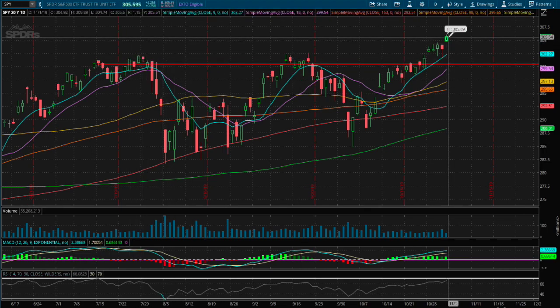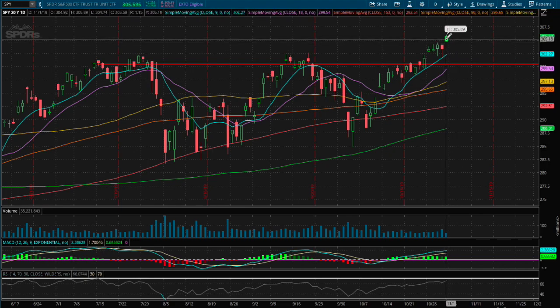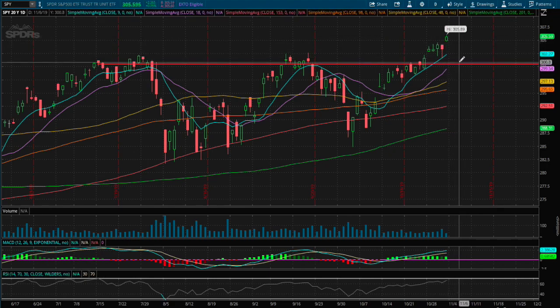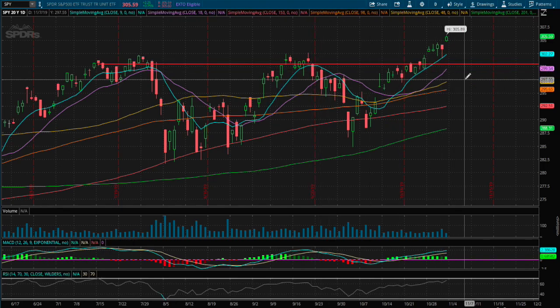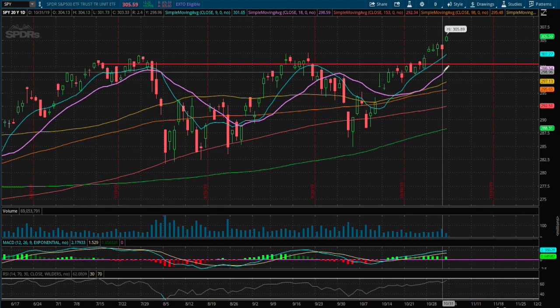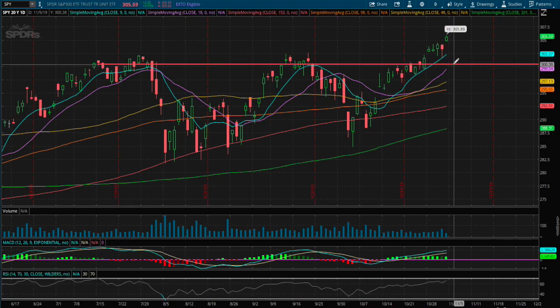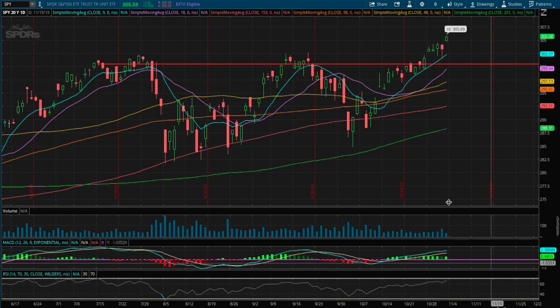So if the S&P 500 were to fall lower, I do see us stopping around this support level, and eventually the 18-day moving average shall approach that level at that point in time.